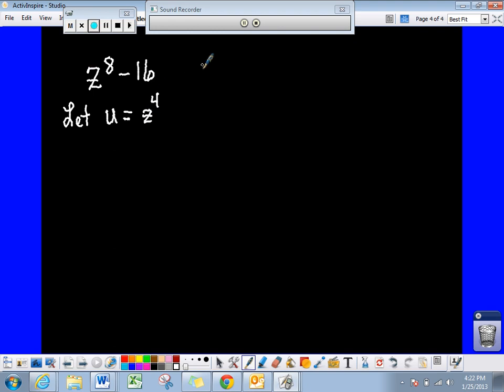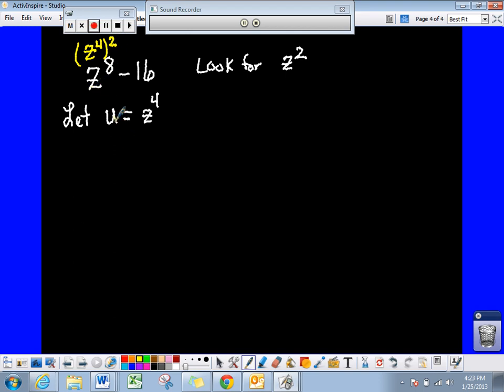Because remember we said we're going to look for something that's going to be raised to the second power. And the only way we can get that is if we rewrite this power, and we learned that first semester. So I can rewrite this as z to the fourth times 2, because when we have a power raised to a power, we multiply. So 4 times 2 is 8.